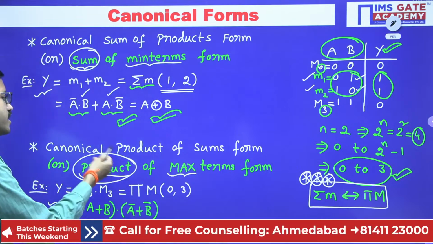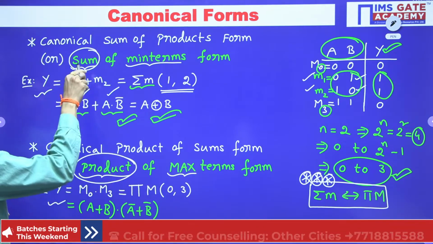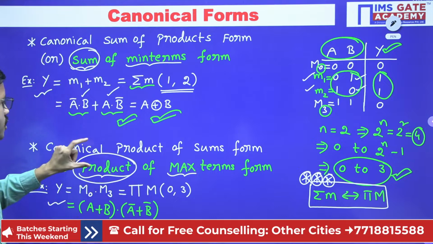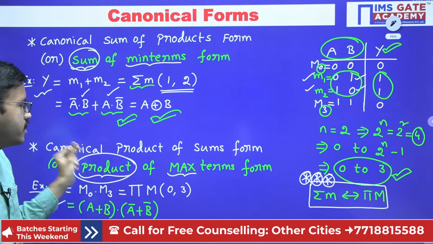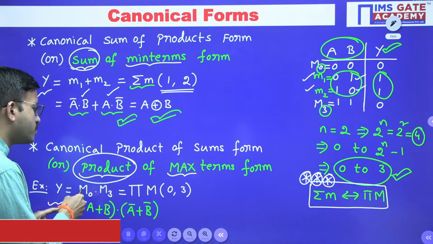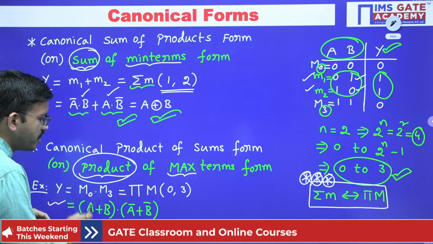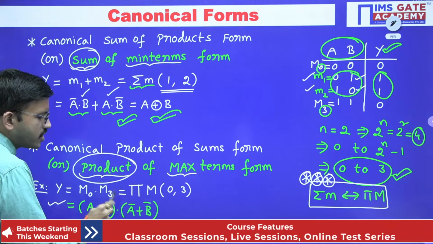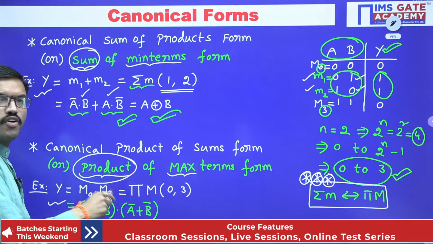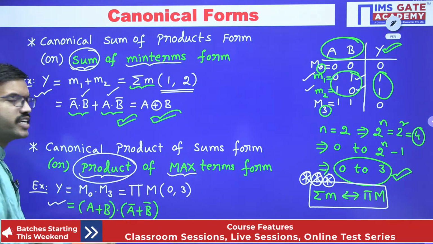Similarly, here instead of product, if you have taken sum, then just add these two maxterms, M0, M3. If you add, A plus A bar is what? 1. 1 plus anything is 1. That means the final expression you are going to get is 1.